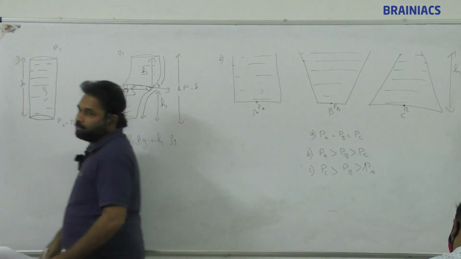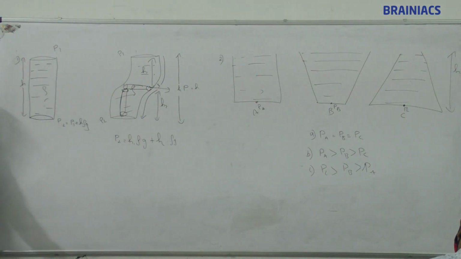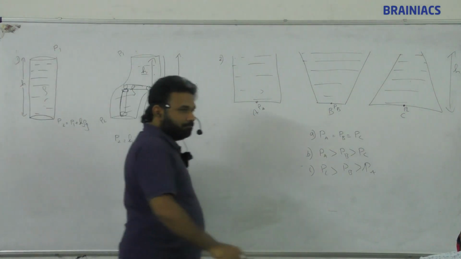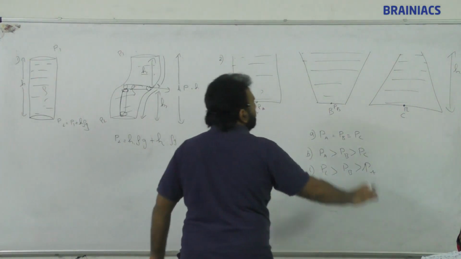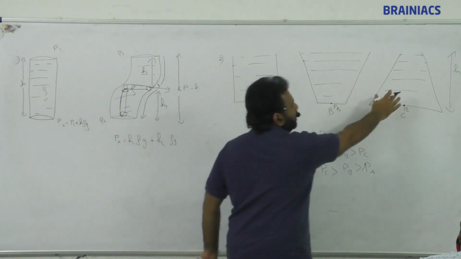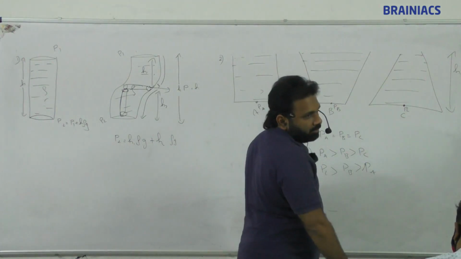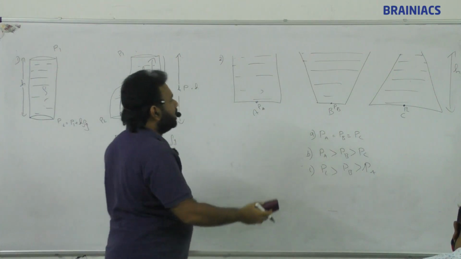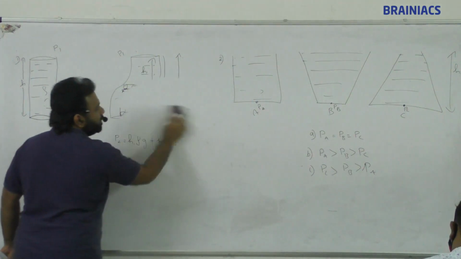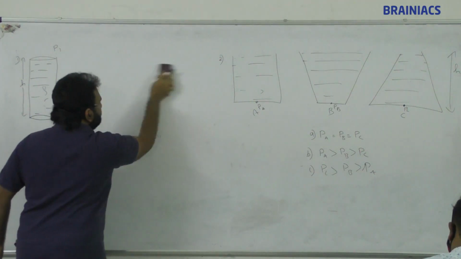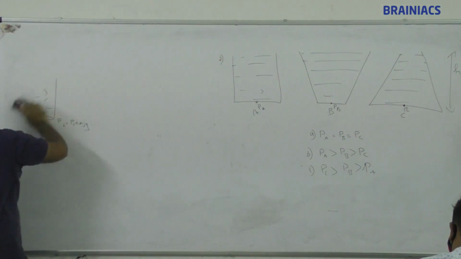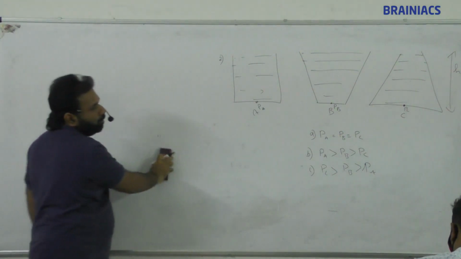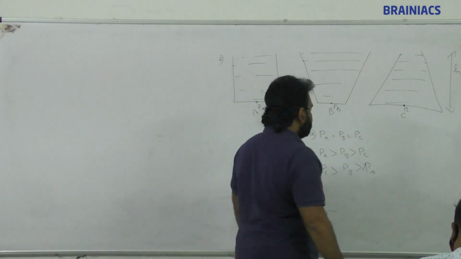If we do like this, with some options, what will be the answer, children? Same. Okay, same. The content there doesn't matter. Only that vertical height we need to consider. So the answer will be PA equal to PB equal to PC. Clear?